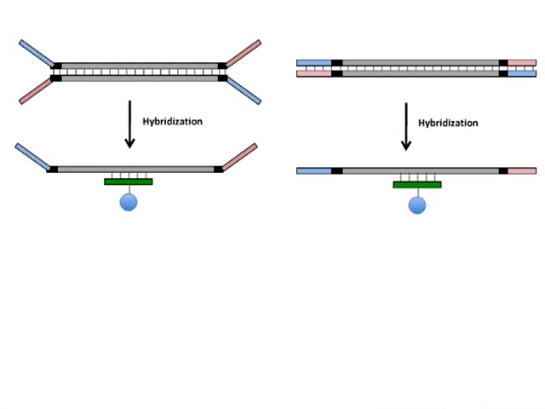In this case, you're hybridizing for part of the library. You do need to have blocking to prevent these adapter chaining events. Here is a specific piece of DNA that you want represented, and over here would be a non-specific piece of the genome that comes along only because of a binding event that occurs between the complementary adapters.